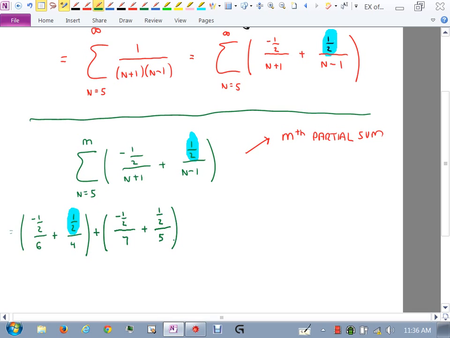I'm just looking for like 6, 4, 7, 5. I don't have anything that looks the same. But let's go one more out, and now we have -1/2 over 8 plus 1/2 over 6. Now there we do have something, right? -1/2 over 6 and +1/2 over 6 would cancel out, right?